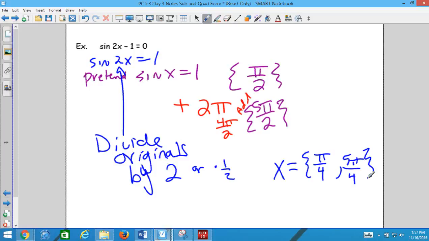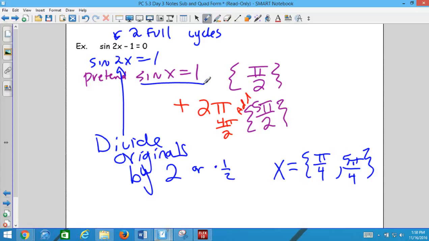Okay. There are 2 full cycles when this is a 2. We saw that on the graph. There were going to be 2 full cycles in that same space. If I just graph sine x equals 1, that's only 1 cycle.